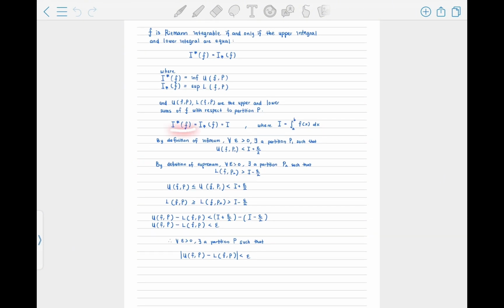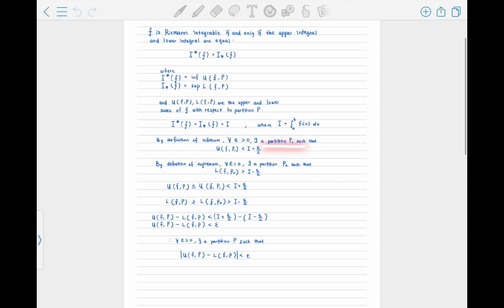Since I^*(f) equals I_*(f), we denote this common value as capital I, where capital I is the integral from a to b of f(x) dx. By definition of infimum, for all epsilon greater than 0, there exists a partition P1 such that U(f, P1) is less than I plus epsilon over 2. By definition of supremum, for any epsilon greater than 0, there exists a partition P2 such that L(f, P2) is greater than I minus epsilon over 2.